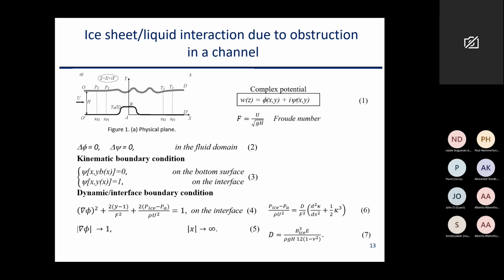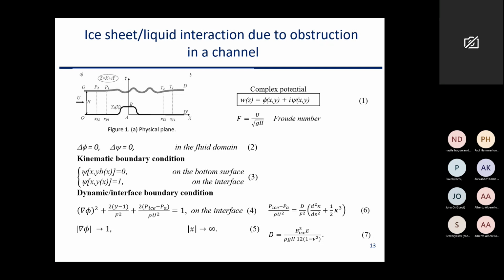We need to find the complex potential, which consists of two functions, the potential and the stream function. We introduce the Froude number based on the depth of the channel. Both the potential and stream function satisfy the Laplace equation.